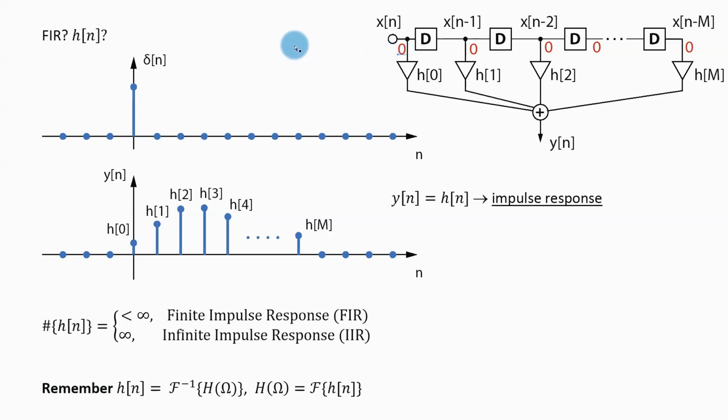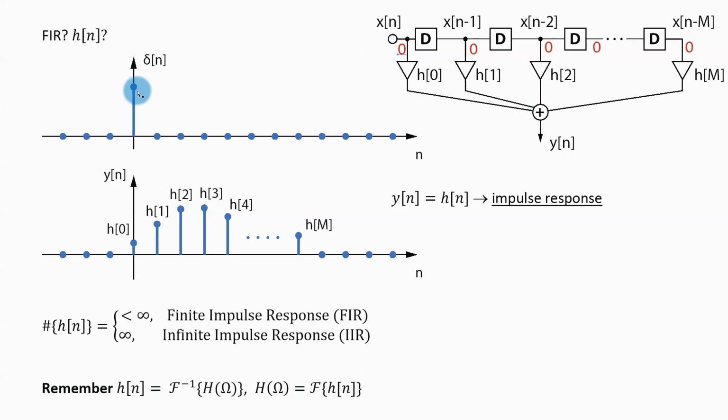So before the time 0, this delay line is filled with 0, and the output of the filter is just 0, because I'm just multiplying zeros by something and adding it up, so I will end up with 0. And that is what you can see here. This is the output of the filter, and for negative times you can see that the output is 0. The first change will happen at time 0.